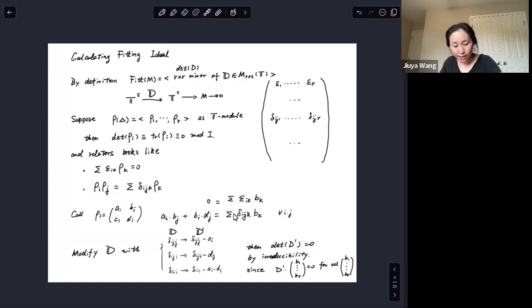This arises because we mod out by delta squared, so that if we have a product, let's say rho i times rho j, then it should be written as a linear combination of these rho k. So now the task is to compute all possible r by r submatrices of this relator matrix.